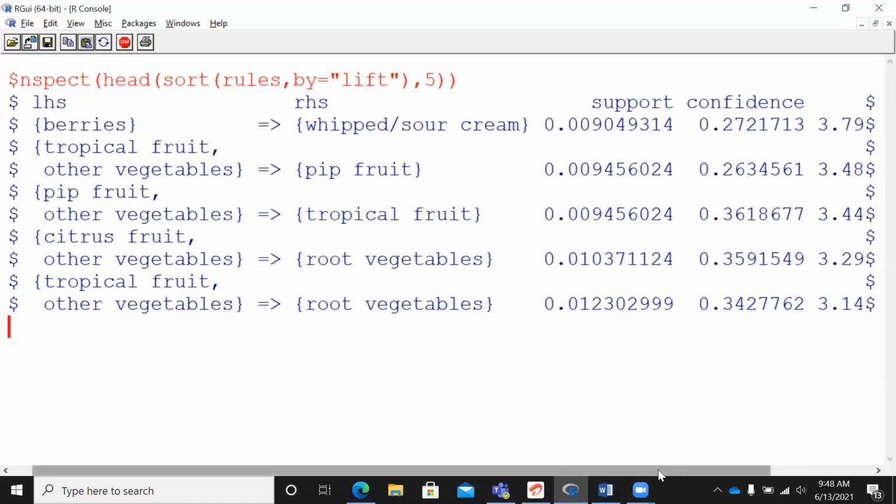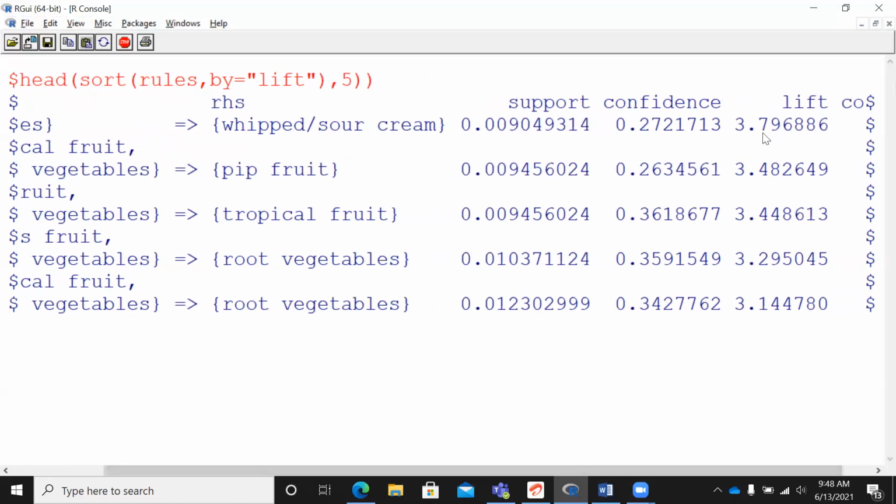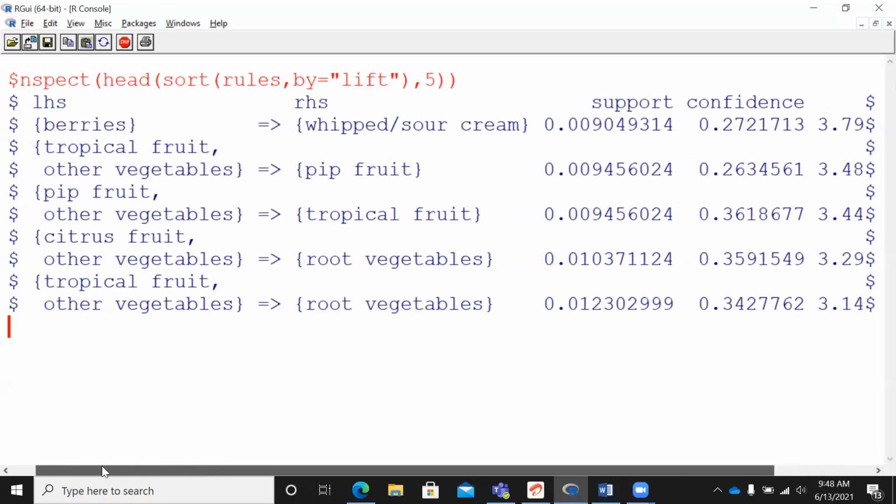Now, let me draw your attention to 3.79. What does 3.79 mean? It means that a person who buys berries is 3.79 times more likely to purchase whipped cream as compared to an average customer.